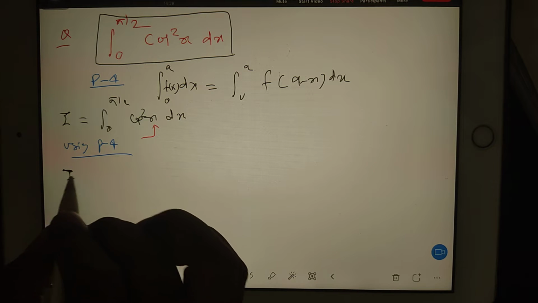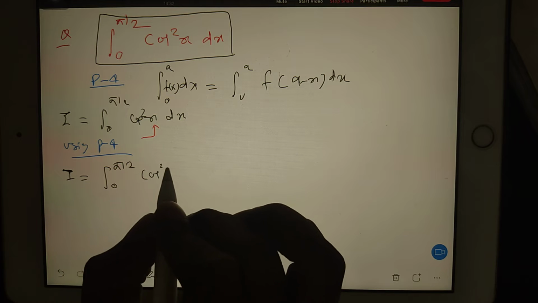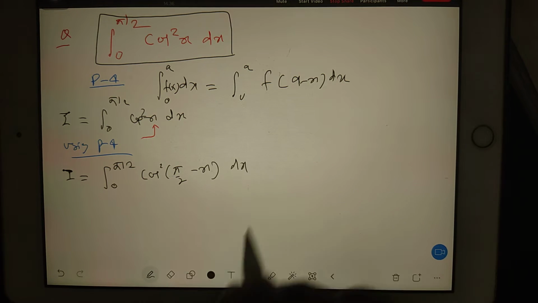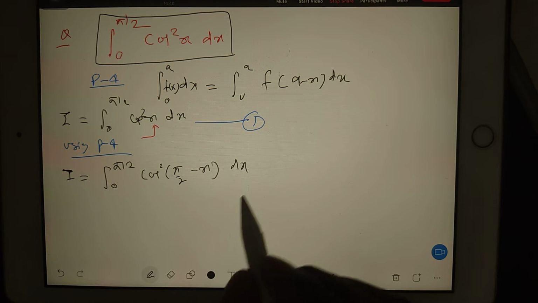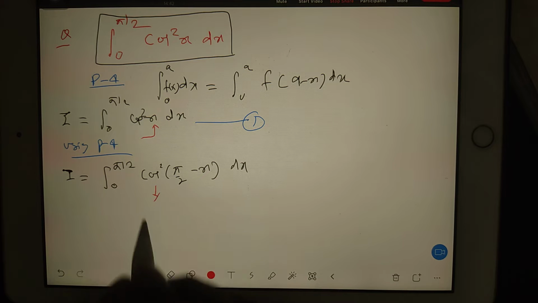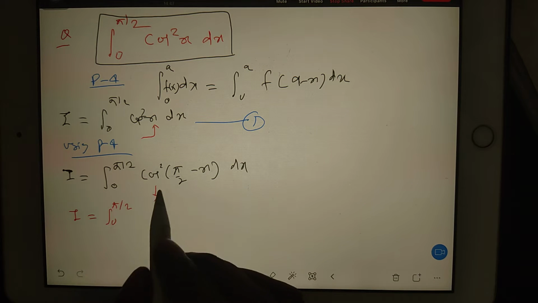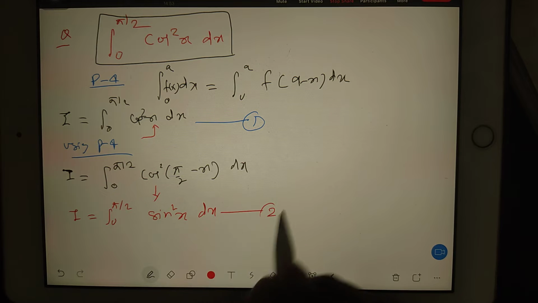So you will get another I as 0 to pi by 2 of cos square of pi by 2 minus x. Now you see here, before applying the property, you will call this equation 1. After applying the property, you will further solve by one step, I is equal to 0 to pi by 2, and you know cos of pi by 2 minus theta is sin theta, so it will become sin square x dx. Now you call this equation 2.